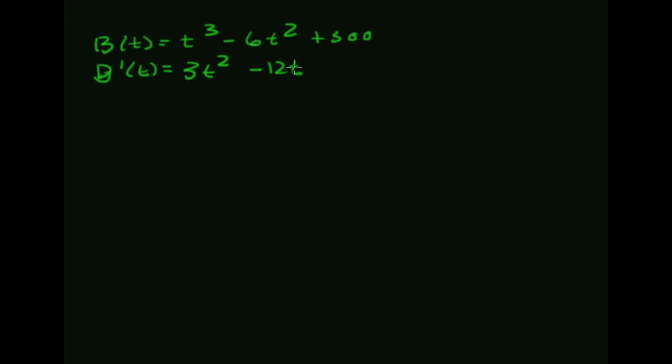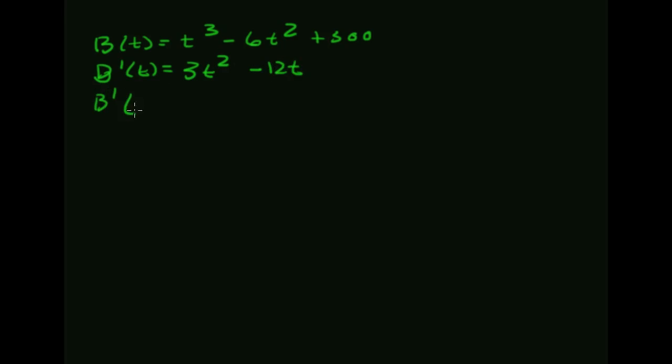So if Bob's velocity is given by b of t is equal to t cubed minus 6t squared plus 300, Bob's acceleration is going to be 3t squared minus 12t.